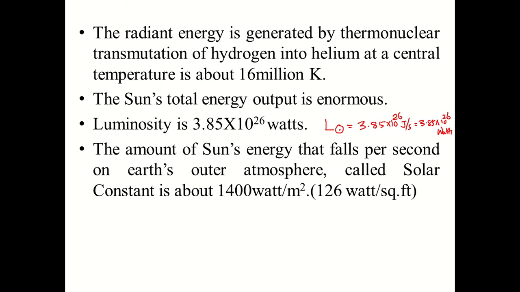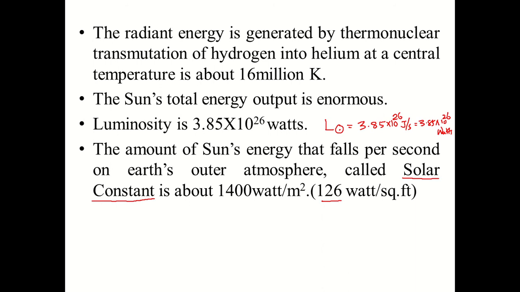Now you know that this much amount of energy will not reach the surface of earth. If you calculate the amount of the sun's energy that falls per second on earth's outer atmosphere, that is represented by another important thing which is called the solar constant, which is about 1400 watt per meter square, or 1400 joules per second per meter square, or in terms of square feet it is 126 watt per square feet.